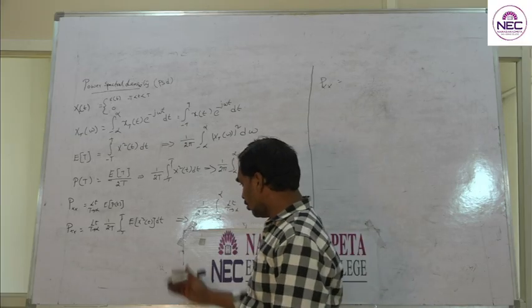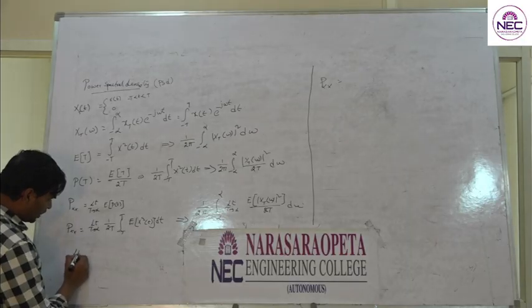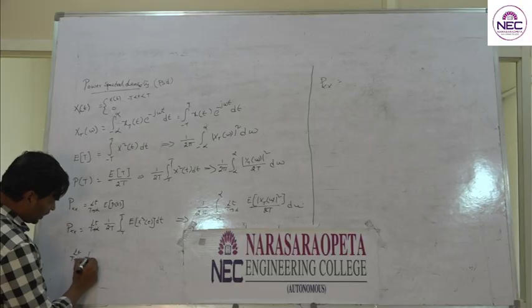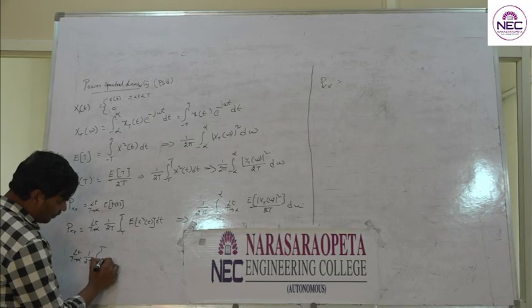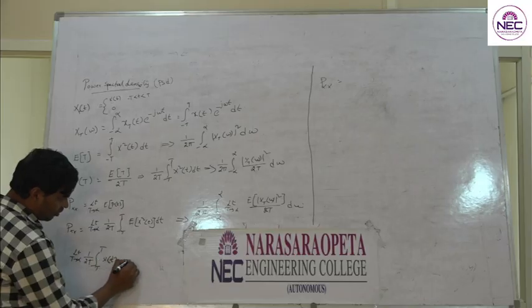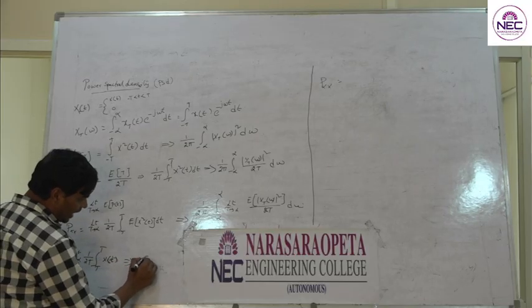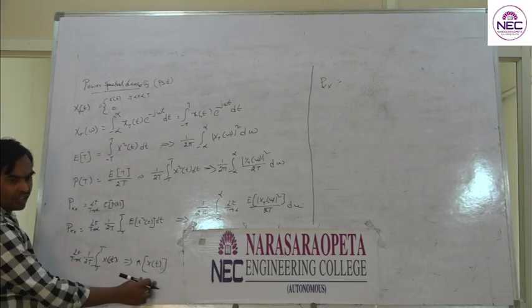So limit t tends to infinity 1 by 2t integral minus t to t of any signal x of t can be represented as the time average of x of t.